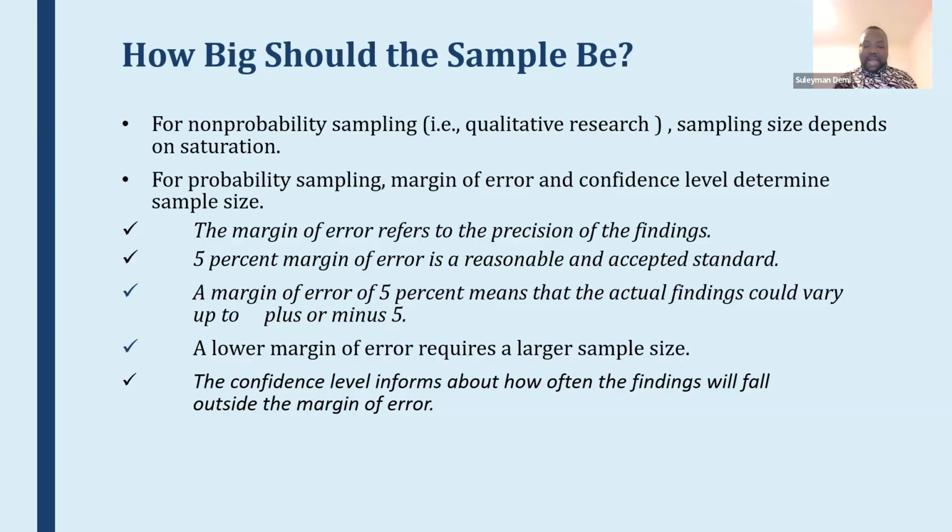It means that I am 99% confident in the result. Or I can decide to use a margin of error of 5%. It means that I am 95% confident of the findings.